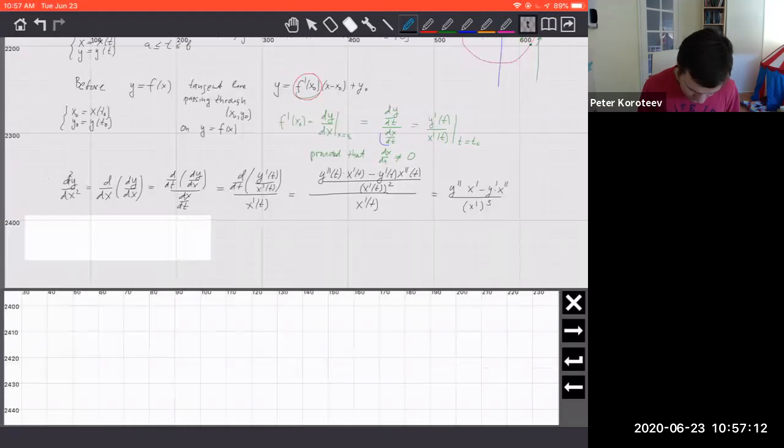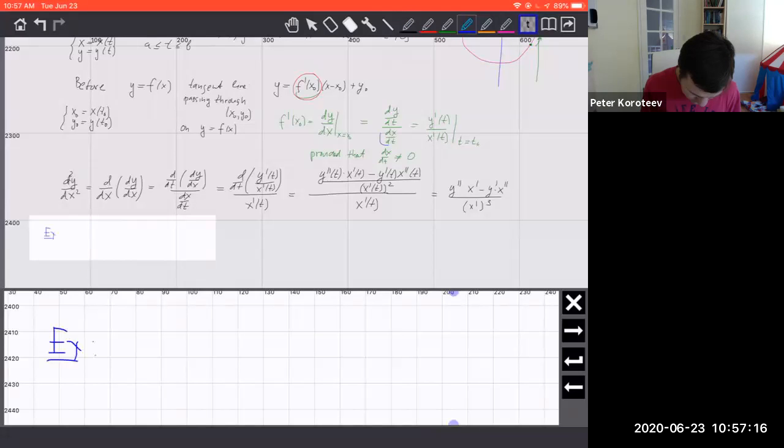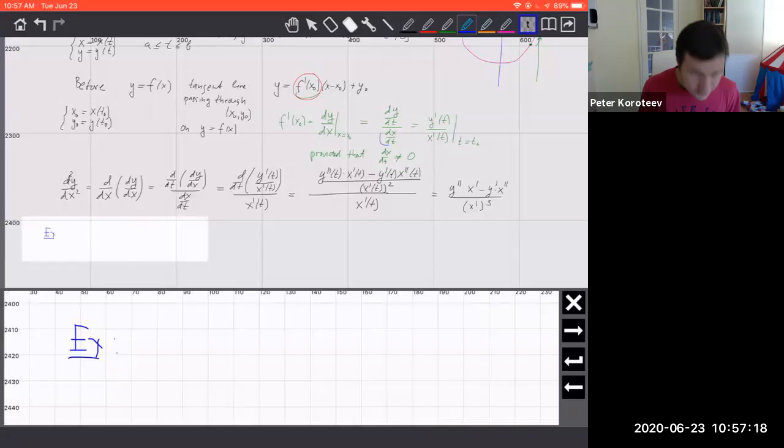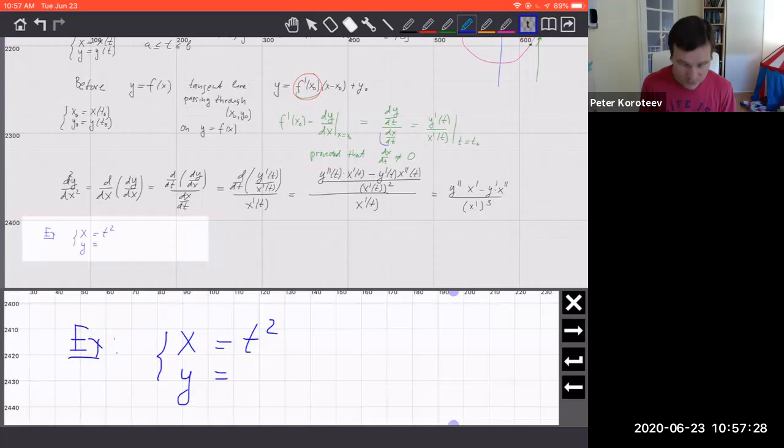Yes. Okay, let's do an example. Say x of t is equal to t squared, y of t is equal to t cubed minus 3t.